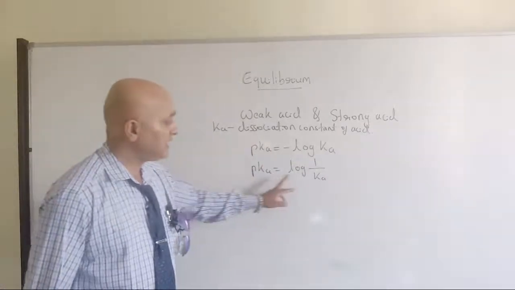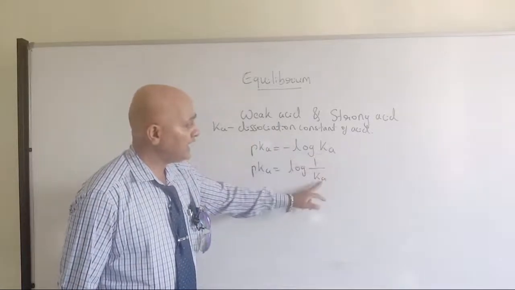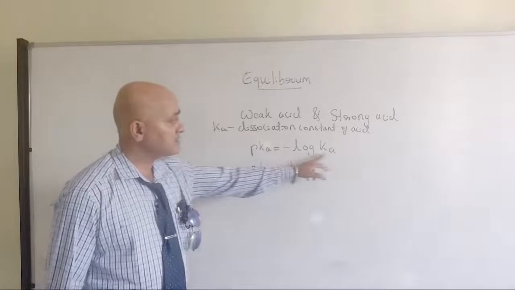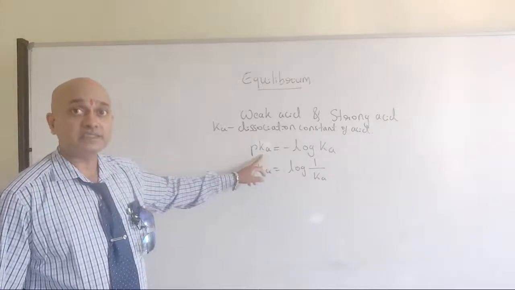So how are they related? Inversely related. That means as the value of Ka increases, the pK value is going to decrease.